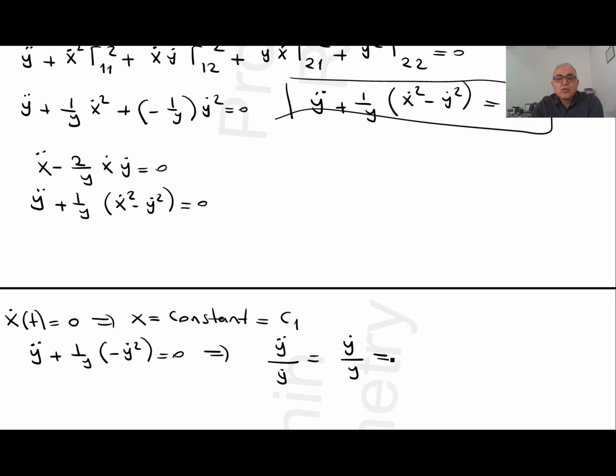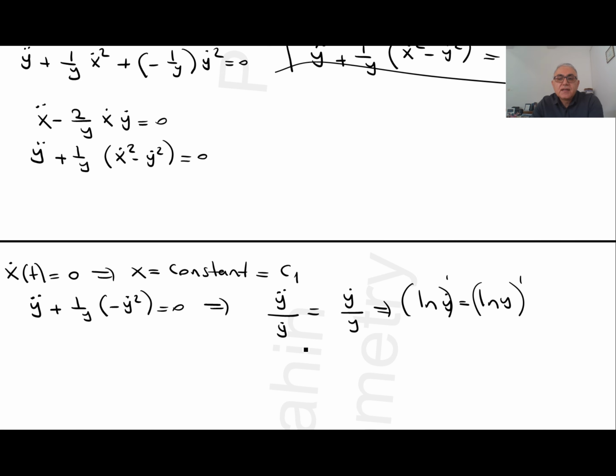So from this we have y double prime over y prime equals 1. So here we can write ln y prime equals ln y. So the derivative of this one, ln y prime minus ln y equals a constant, let's say c2, or y prime over y equals c2.